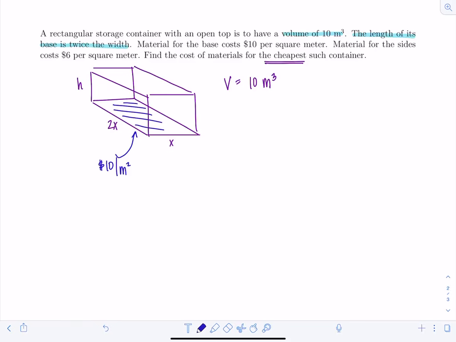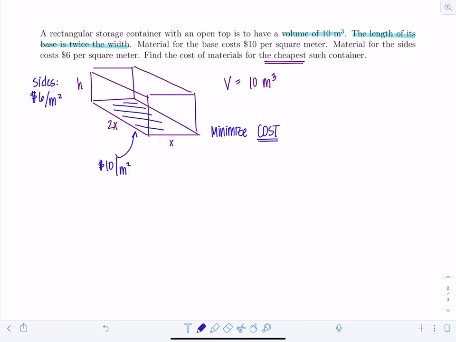The material for the sides costs $6 per square meter. So sides are $6 per meter squared. So find the cost of materials for the cheapest such container. So you're trying to minimize cost. And what is the cost based on? The cost is based on the surface area of this open rectangular storage container.